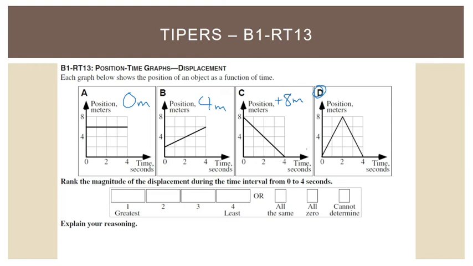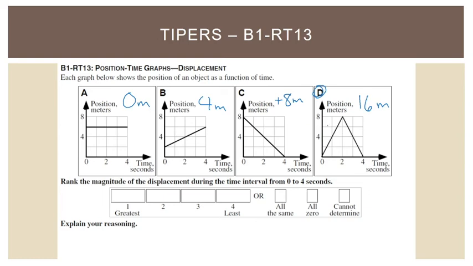And the only reason why the hard one here is this graph is because when the object is traveling from 0 to 2 seconds, its displacement is 8 meters. And when it travels back to the origin from 2 to 4, its displacement is -8, and so those displacements cancel each other out. But in terms of distance, it does not cancel, because distance is a scalar, which means your distance can never decrease.